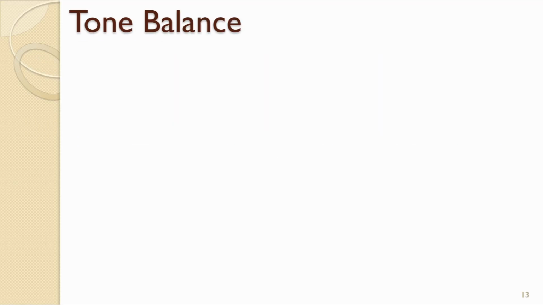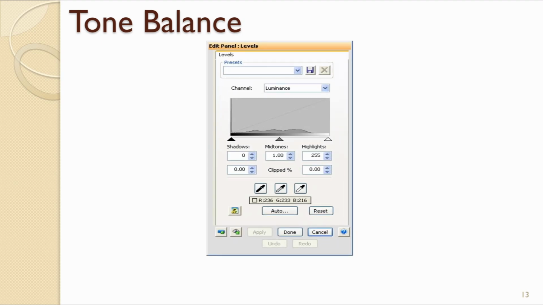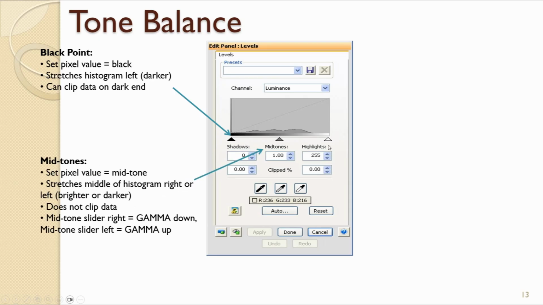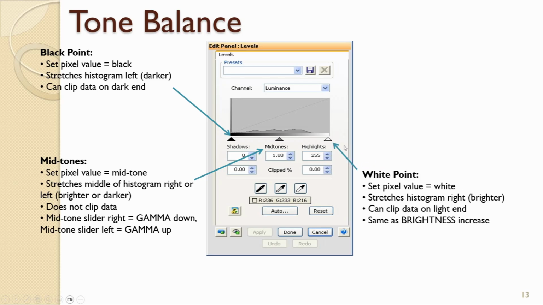Now let's get into a little bit more advanced tool that you can find in editing software, the tone balance. This is an example user interface from the software that I use. There are 3 adjustments that you can play with: the shadows, or black point, the midtones, and the highlights, or white point.